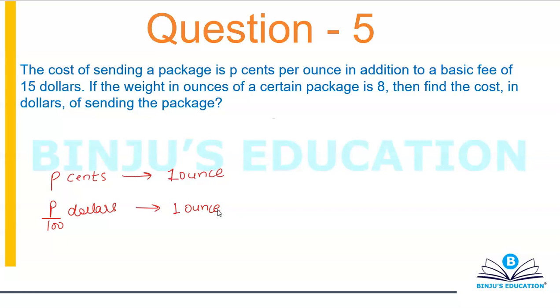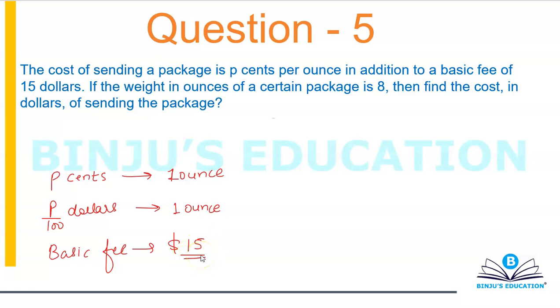In addition to a basic fee of $15. So you have to pay according to weight. Apart from that, you have to pay a basic fee also, and that basic fee is $15, and that's irrespective of the weight of the package.